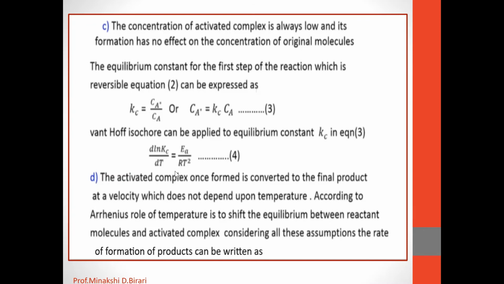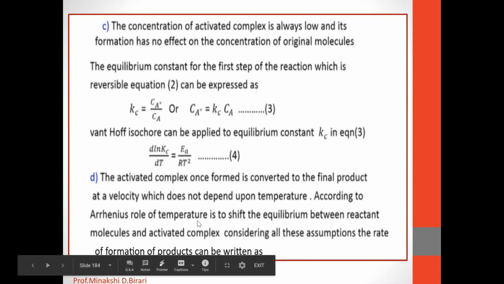The final assumption is that the activated complex, once formed, is converted to the final product at a velocity which does not depend upon temperature. So according to Arrhenius, the role of temperature is to shift the equilibrium between reactant molecules and the activated complex.